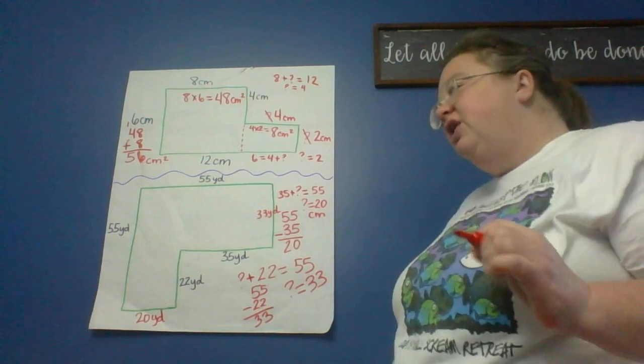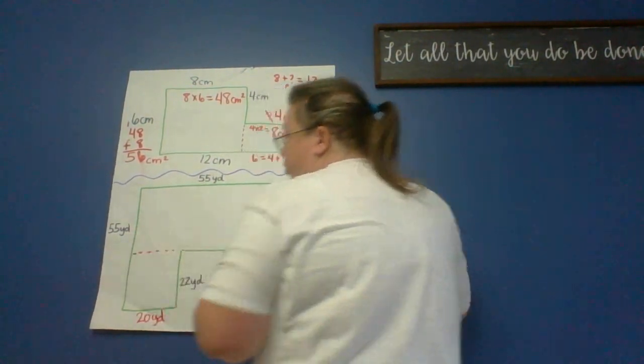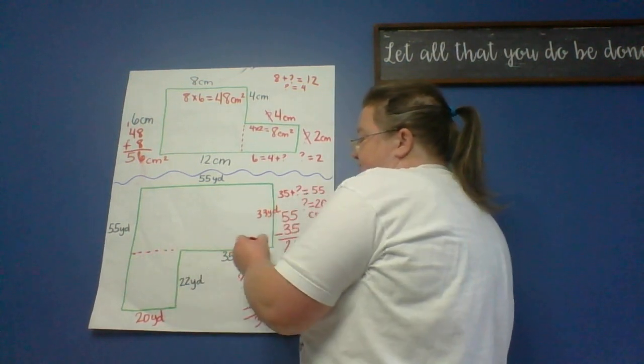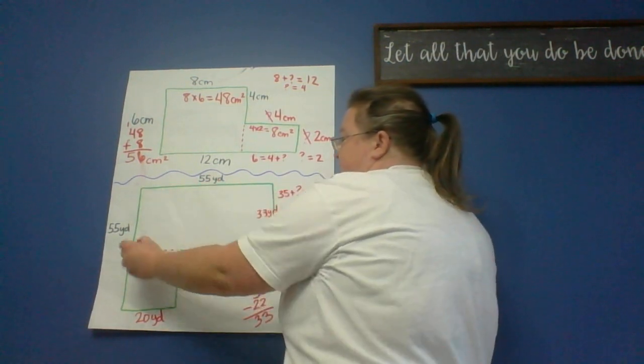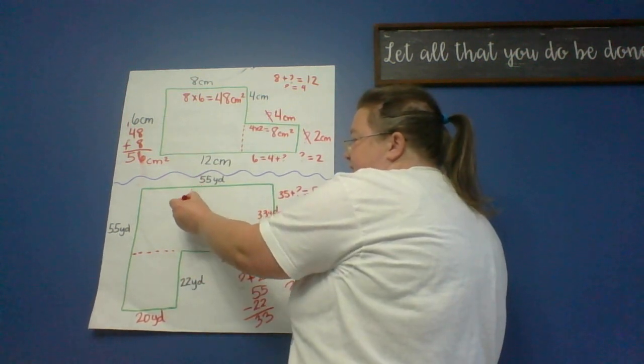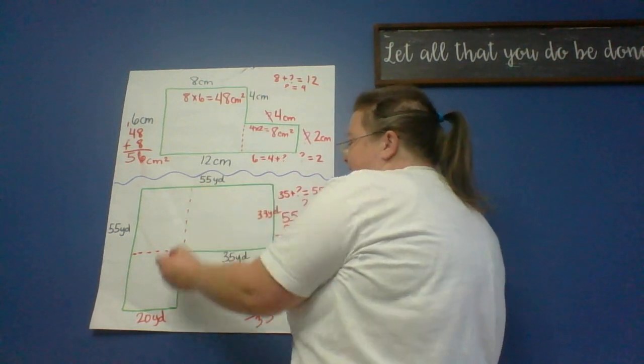So I'm going to give you a little hint. You could do that, and that way you'd be finding the area of this piece and this piece, or you could do it this way and find the area of this piece and this piece.